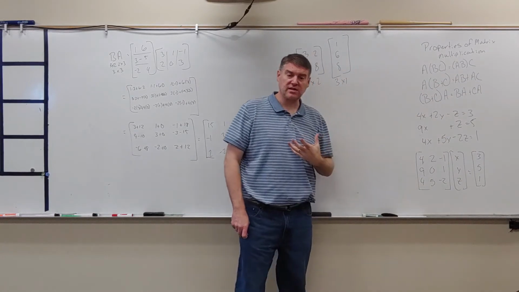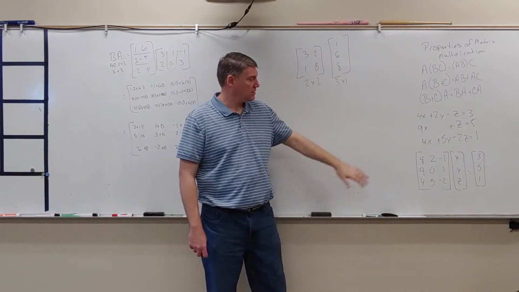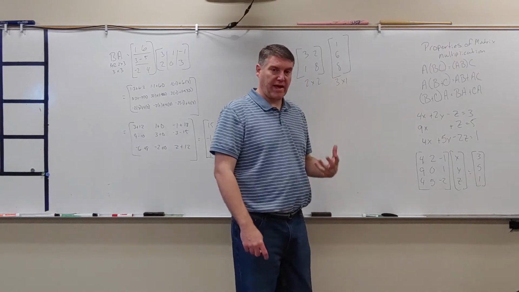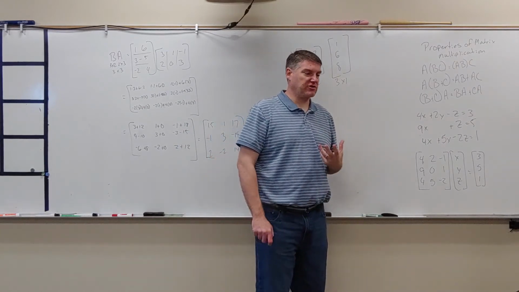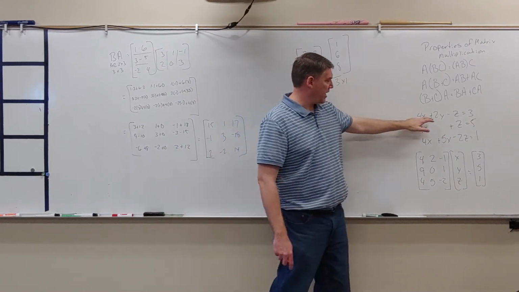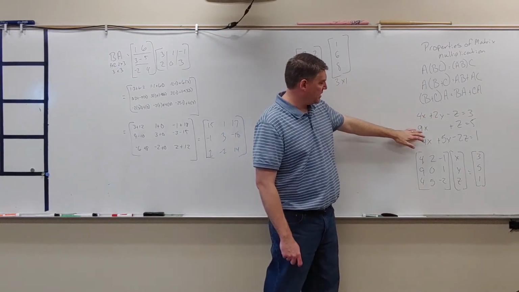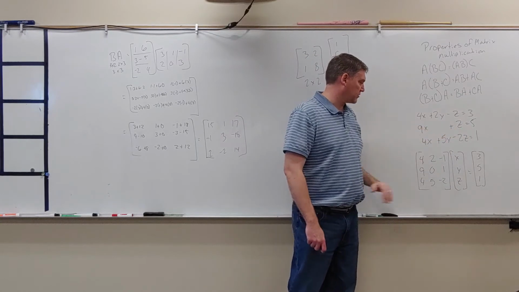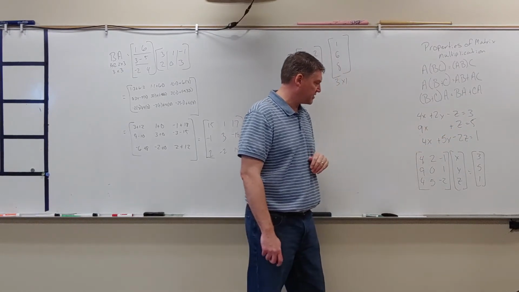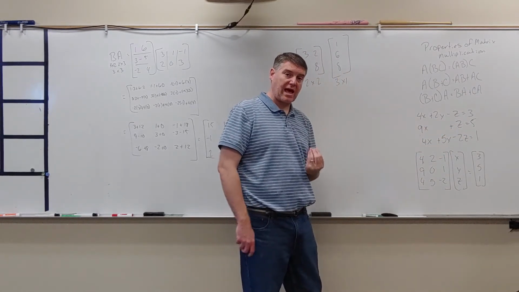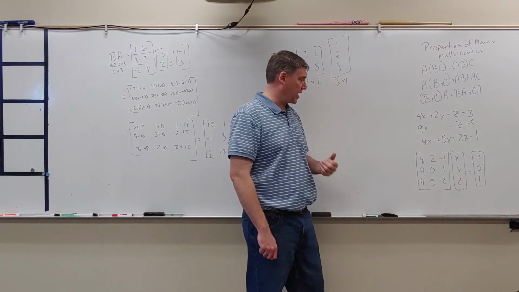Now the nice thing is, I can write equations in matrix multiplication form. So 4x plus 2y minus z equals 3, 9x plus z equals 5, 4x plus 5y minus 2z equals 1. I can write that in a matrix multiplication problem.